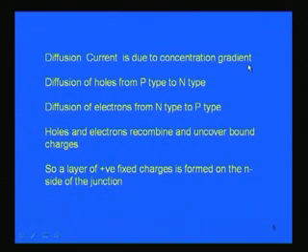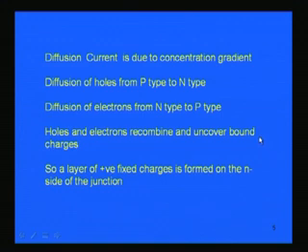So, we have seen that the diffusion current is due to the concentration gradient. Diffusion of holes takes place from p type to n side, and diffusion of electrons from n side to p side, and holes and electrons recombine because of this diffusion, and they uncover the bound charges.